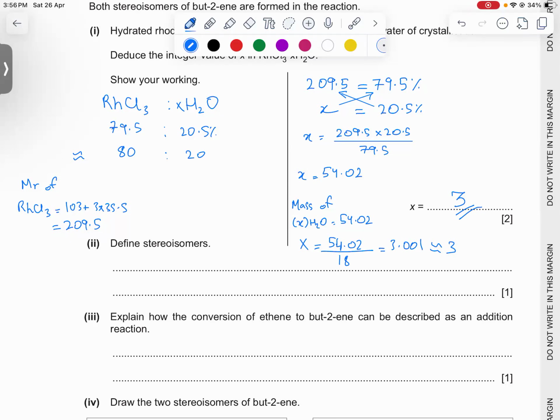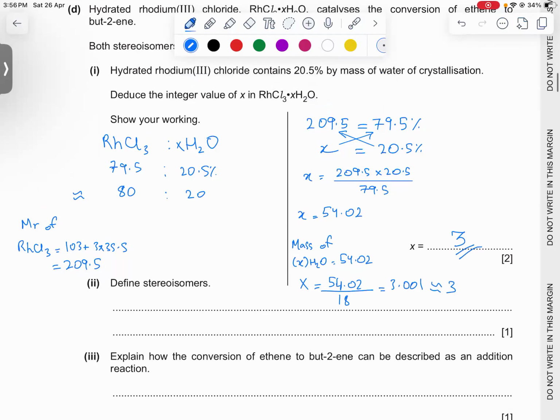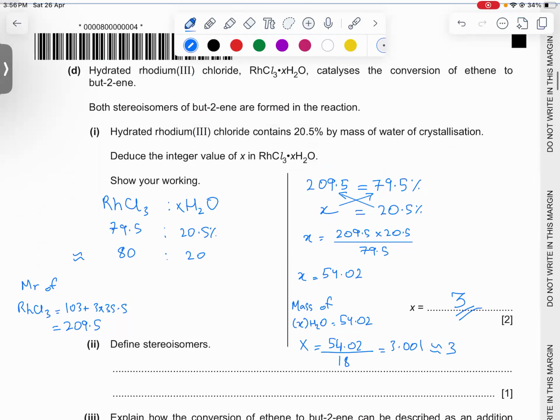So this was only a mathematical question. A mathematical question means you had to use maths. When you remove water, you remove 20.5% of the mass. So what is the mass of RhCl3? It is roughly 80. So what would be the mass of water in it, which was 20?